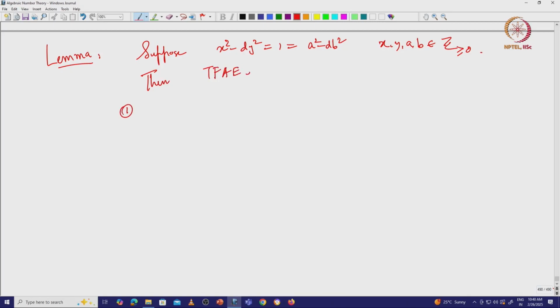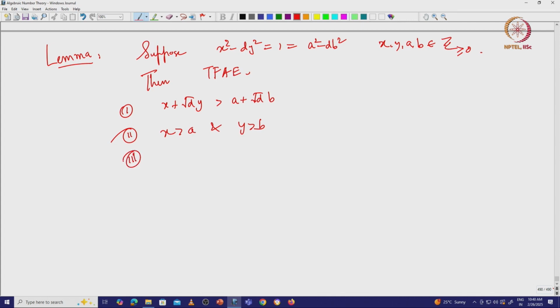What are the following? Well, 1: x plus square root of dy is bigger than a plus square root of db. A priori this inequality need not have anything to do with x being bigger than a and y being bigger than b, but that is what happens. That is 2: x is bigger than a and y is bigger than b.